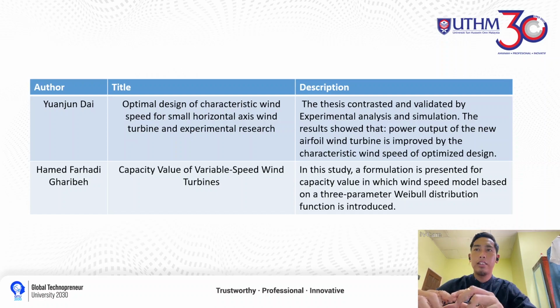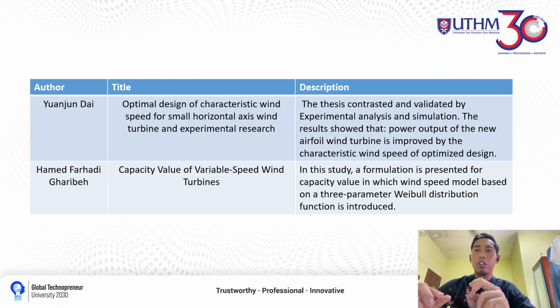The results show that the power output of the new airfoil wind turbine is improved by the characteristic wind speed of the optimized design. Basically, in this project, he created a new airfoil, and he ran a simulation to optimize the wind turbine.